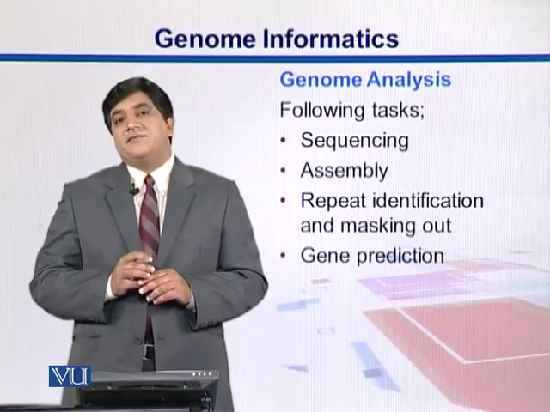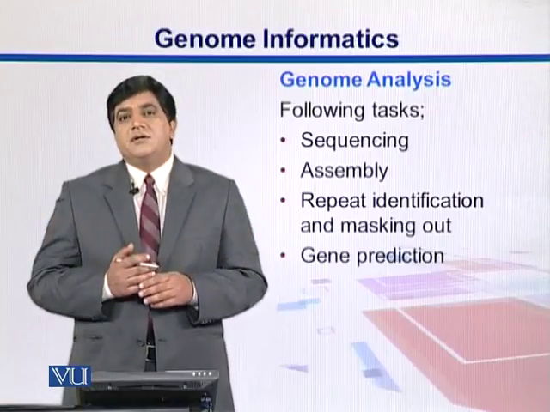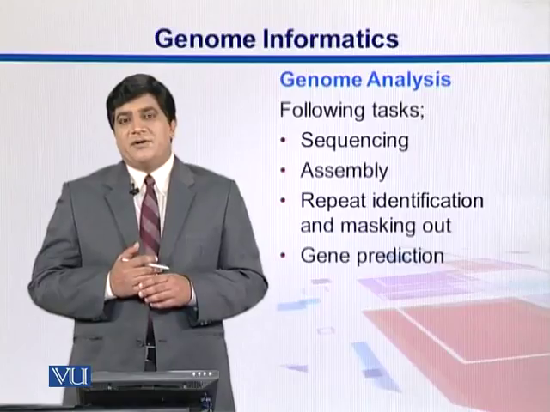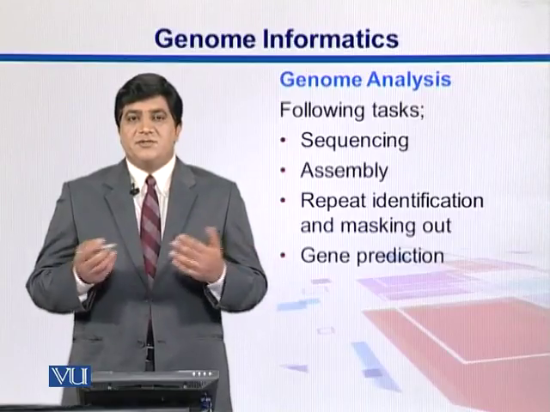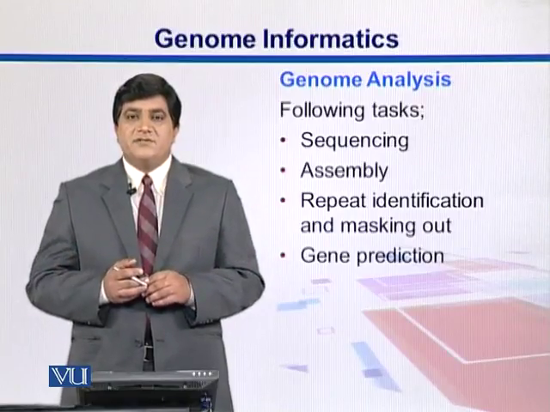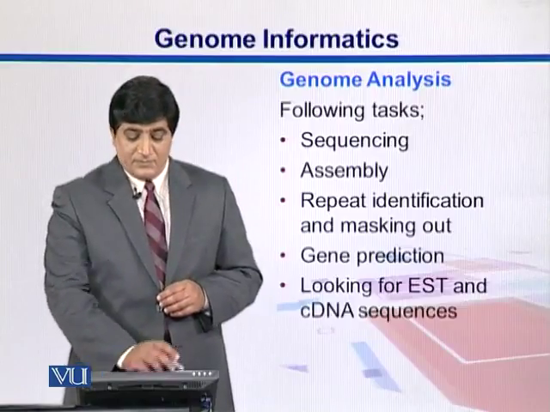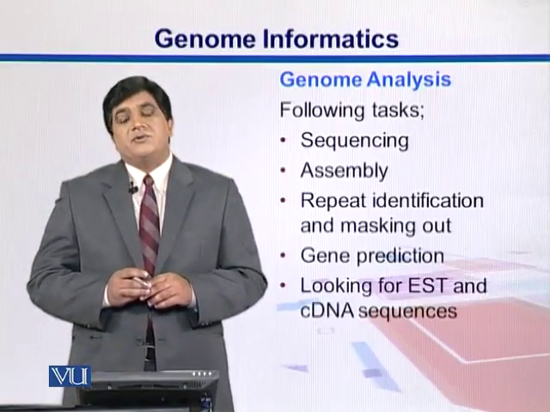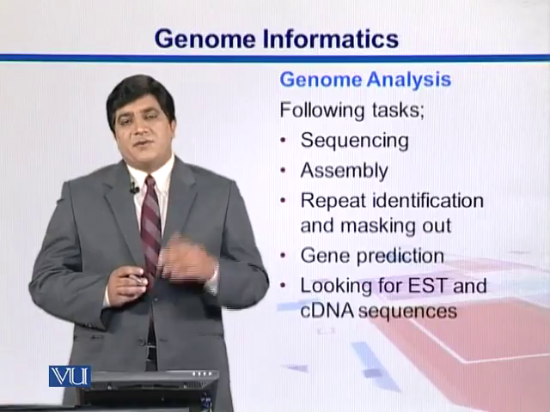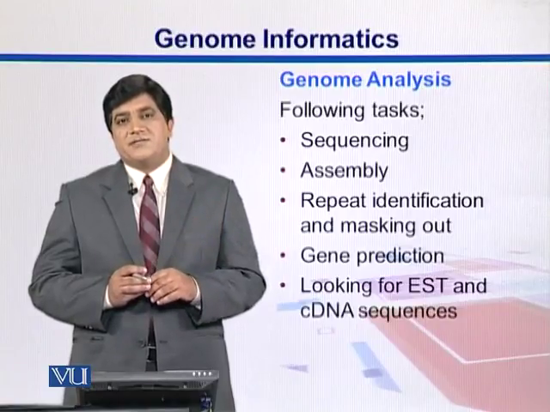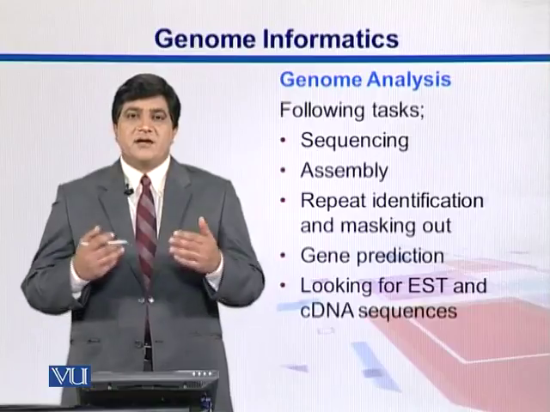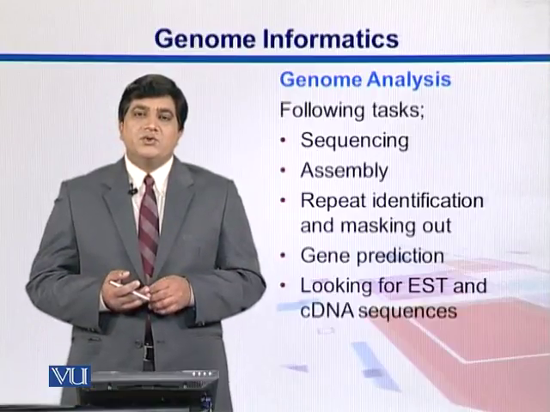After we have assembled a finished genome, now we can go for prediction of the genes. We can find the genes by using different patterns or features of those genes. We can also look into the ESTs and cDNAs, the parts from where the genes are expressed and then transcribed into messenger RNA. So those regions we can find.